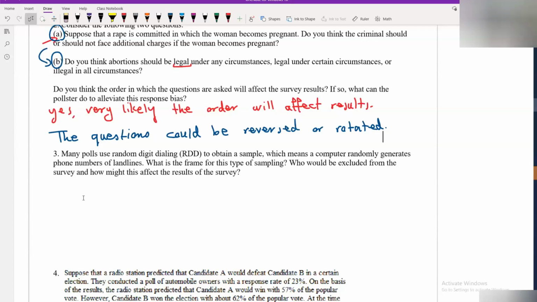What is the frame for this type of sampling? So it's asking, what is our population? Our population is anyone who has a phone.